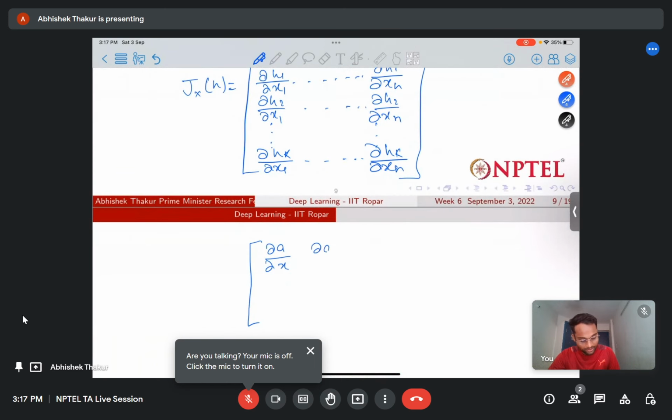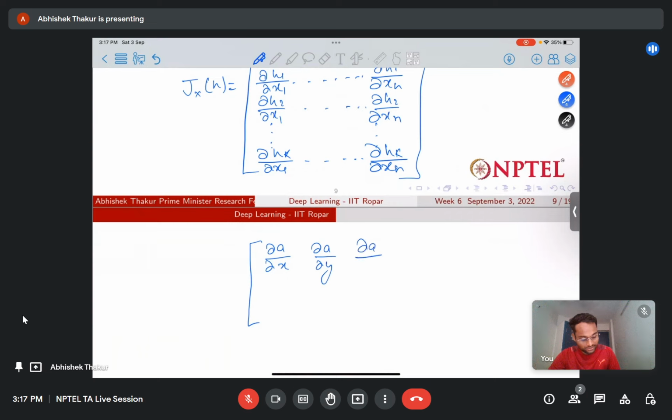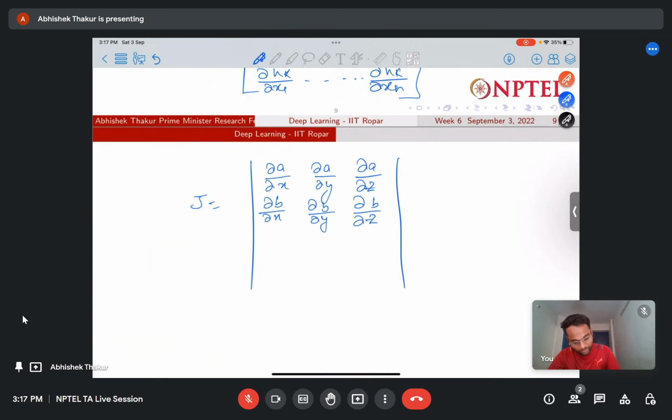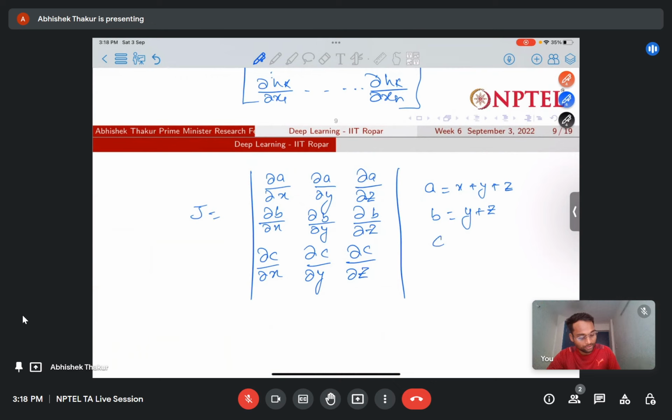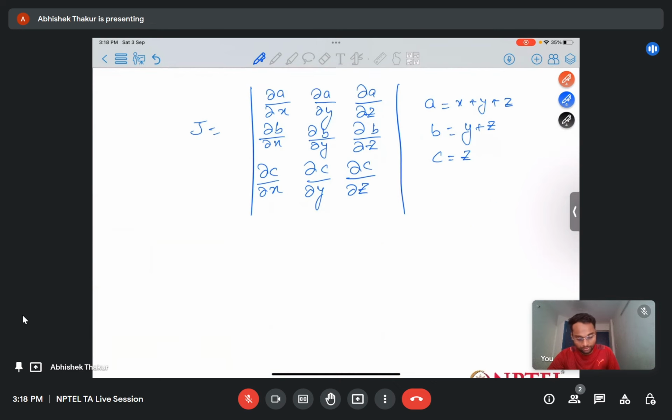So del A by del X, del A by del Y, del A by del Z, del B by del X, del B by del Y, del B by del Z, also del C by del X, del C by del Y, del C by del Z. Here our A is equal to X plus Y plus Z, B is equal to Y plus Z, and C is equal to Z. So when we do this derivative, we will get del A by del X equal to 1, 1, 1.